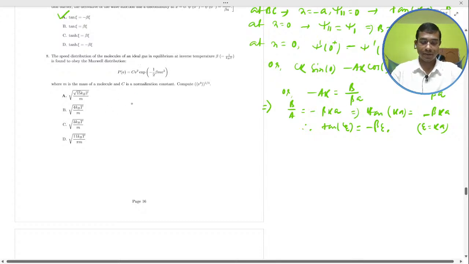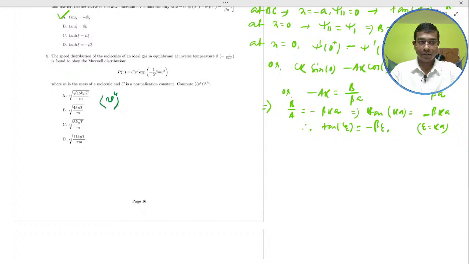Here, first v to the power 4, next to the power 1 by 4. That means the integration from minus infinity to plus infinity of v to the power 4, just put this value of P(v).